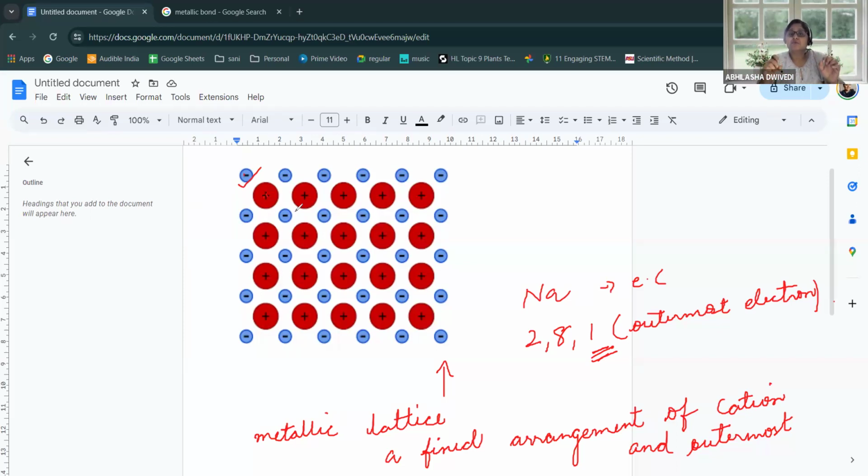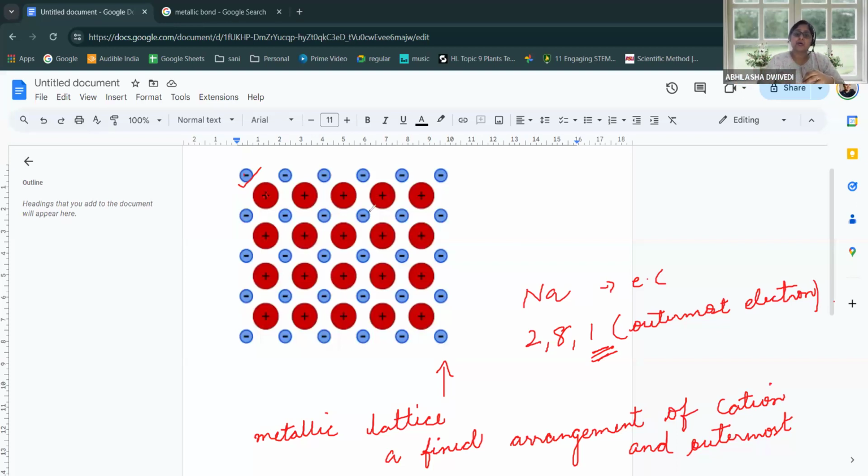Because the electrons are moving constantly, guess what will happen? It will help in the conduction of heat. And it is not just heat, it is heat and electricity. So there will be conduction of heat and electricity throughout.